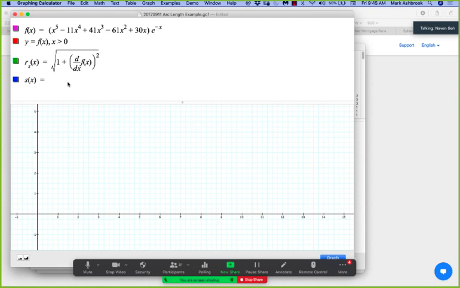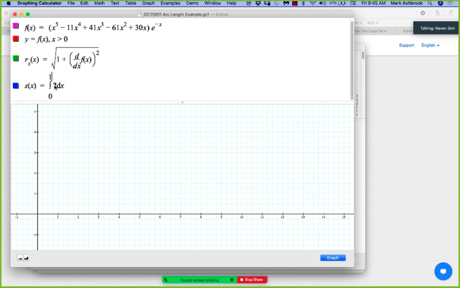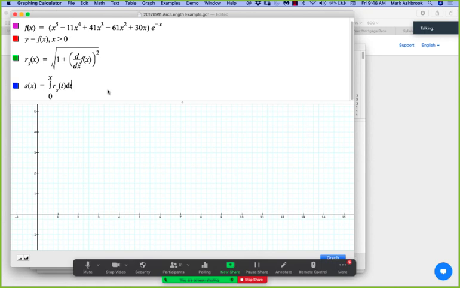Assuming you didn't accumulate any arc length previously, it would be the integral from 0 to x of rs of t dt, excuse me. What do we think? You agree with him?